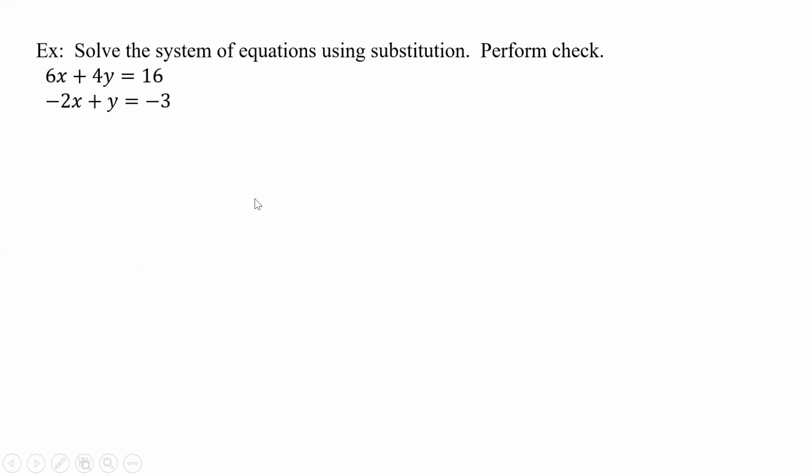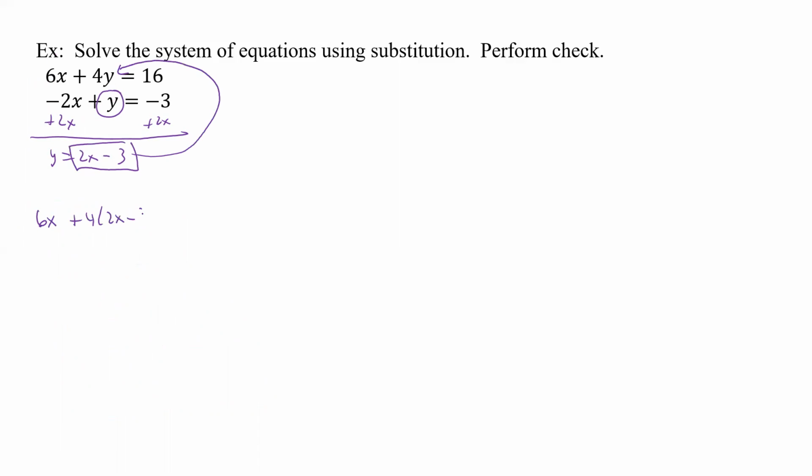All right, what about this one? Looking at that, I see the y, so I'm going to solve for that. I'll add 2x to both sides, and I get y equals 2x minus 3. I will then plug that into my first equation. So I get 6x plus 4 times 2x minus 3 equals 16.